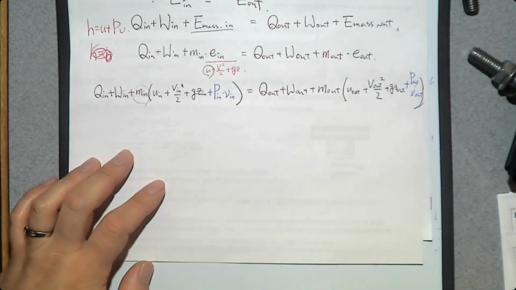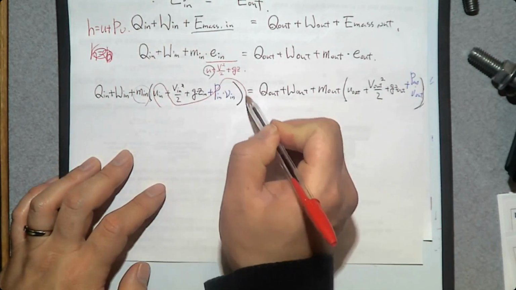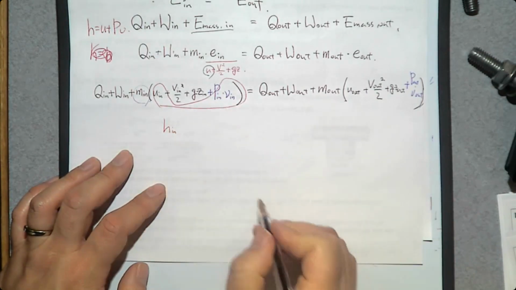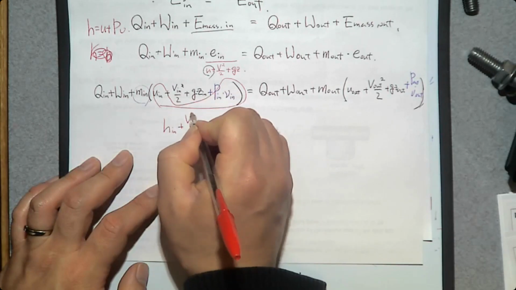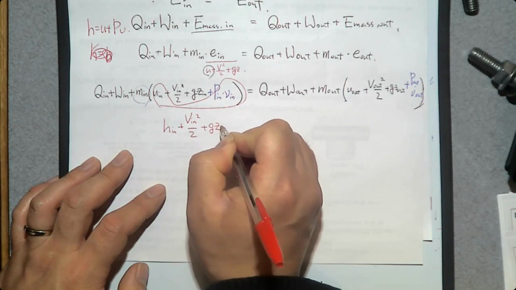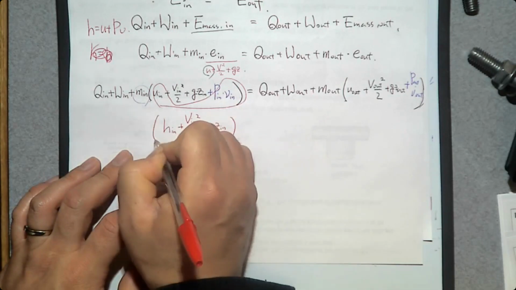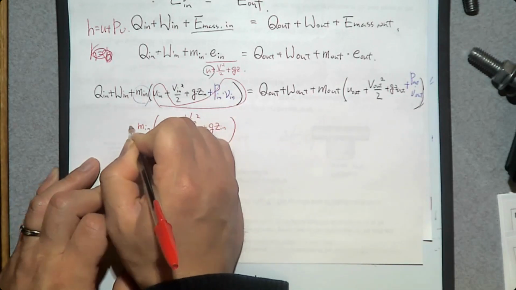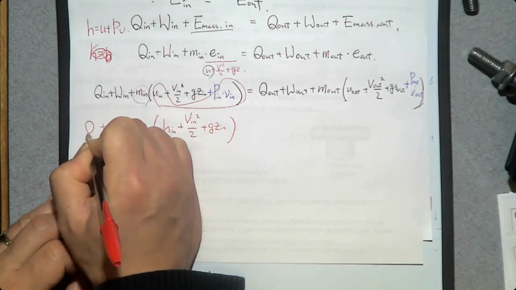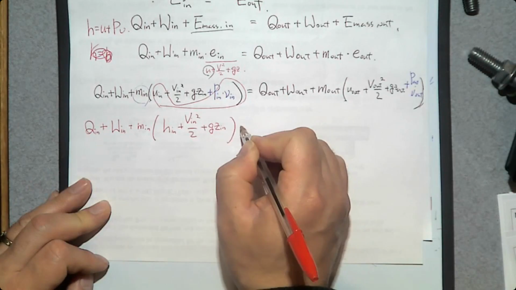Instead, you can just say H at the inlet plus velocity squared over 2 plus gravity times elevation Z at the inlet, times mass at the inlet, plus energy transfer by work and energy transfer by heat.